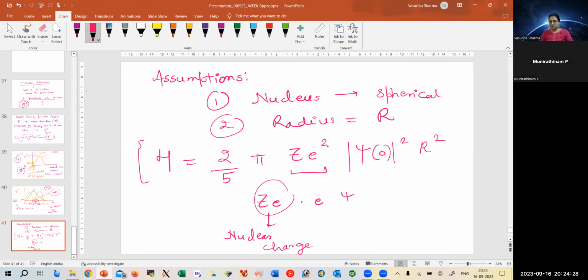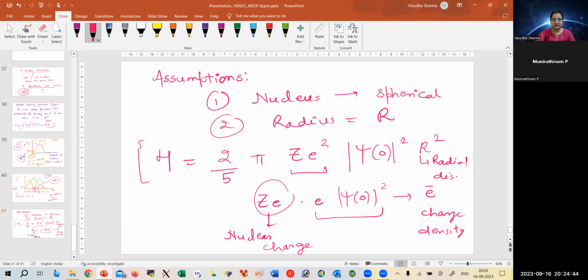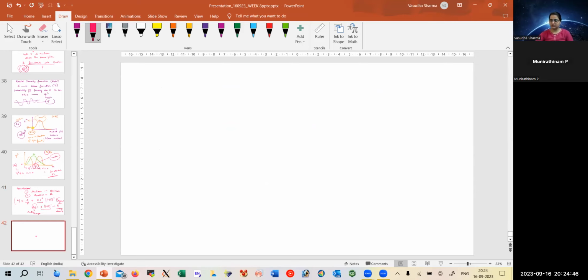E into psi square is your electron charge density, and r is the radial distance from the nucleus.